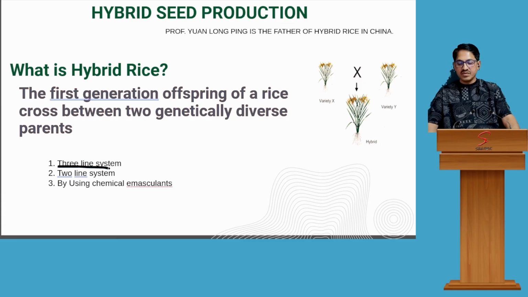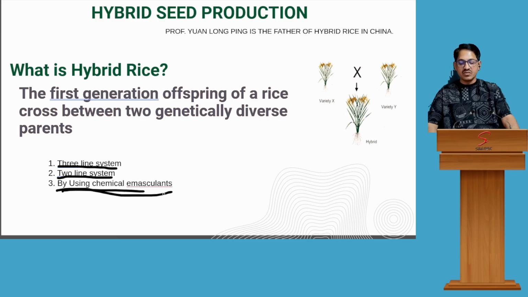That is three-line system, if you are using the CGMS system of male sterility, and another one is two-line system when you are using the genetic male sterility, particularly thermosensitive genetic male sterility and photosensitive genetic male sterility. Third technique is also available, but it is rarely used on larger scale. Can be used for academic purpose only.